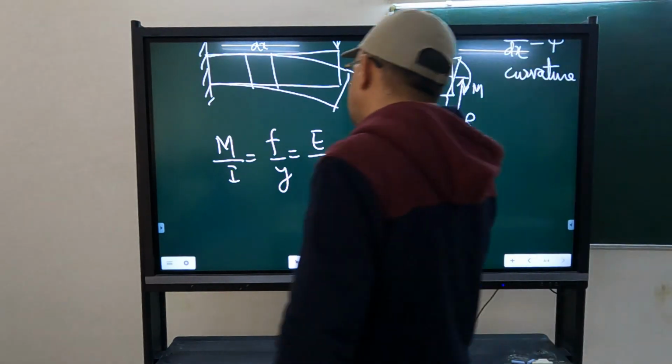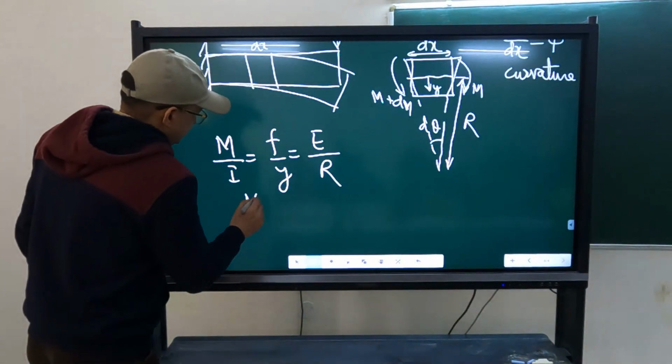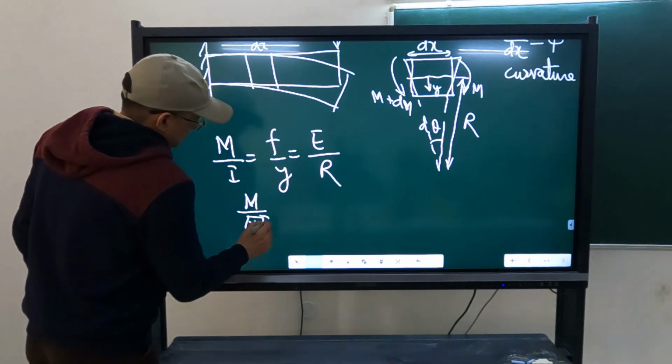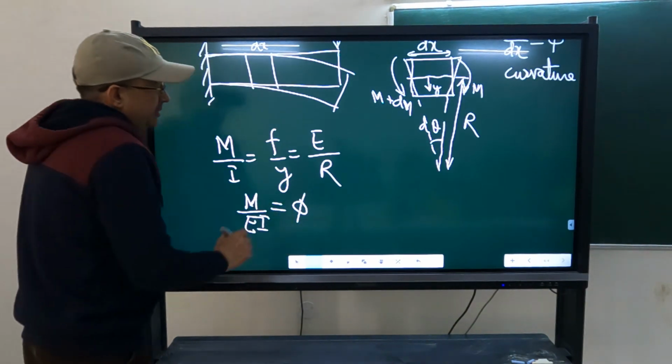Another expression we have obtained is M upon EI is equal to phi.